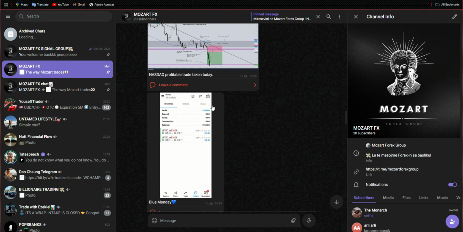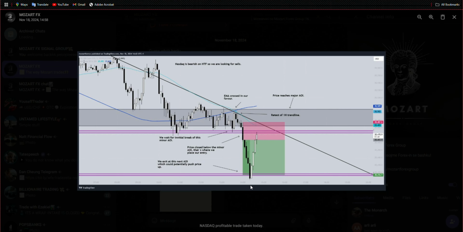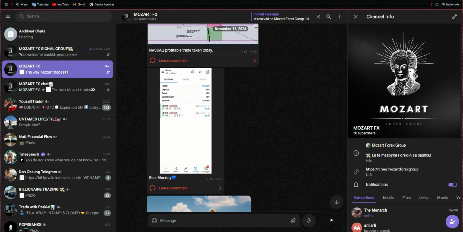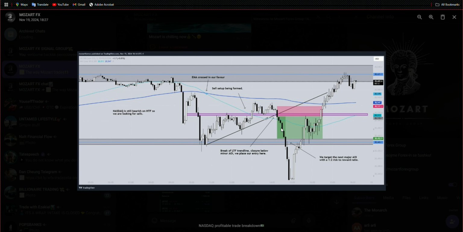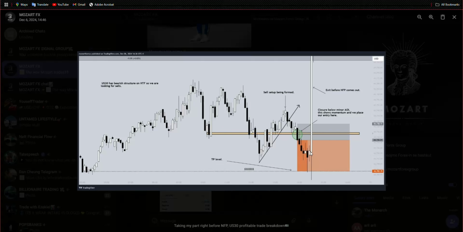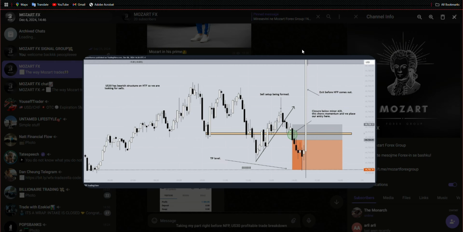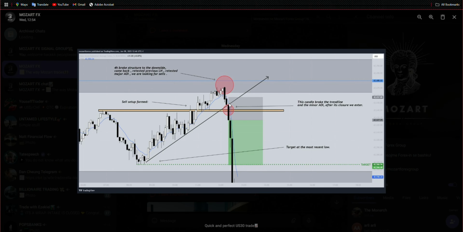You can see other examples, such as this was taken on New York session, such as this trade was taken on New York session, such as this with only one bullish candle, and such as this, as you can see, pre-New York, but straight to take profit.